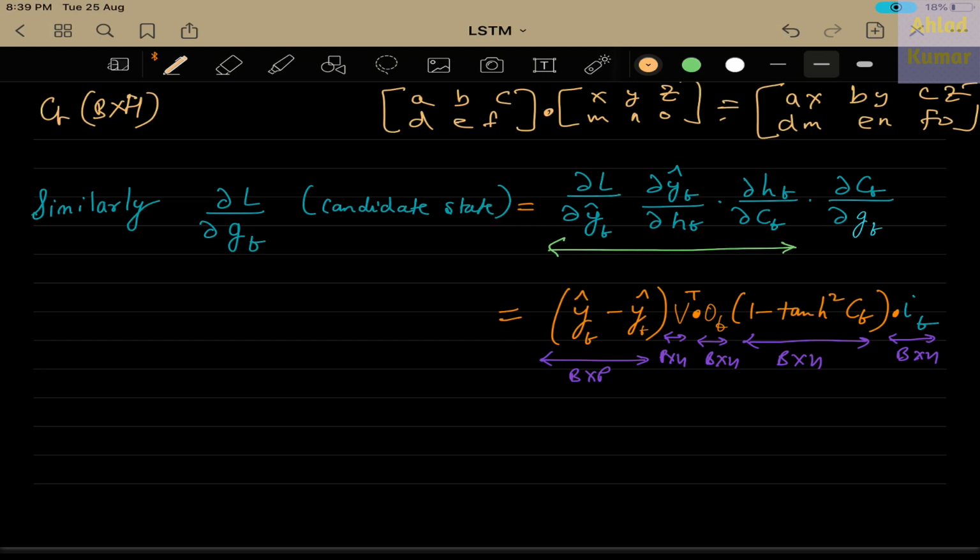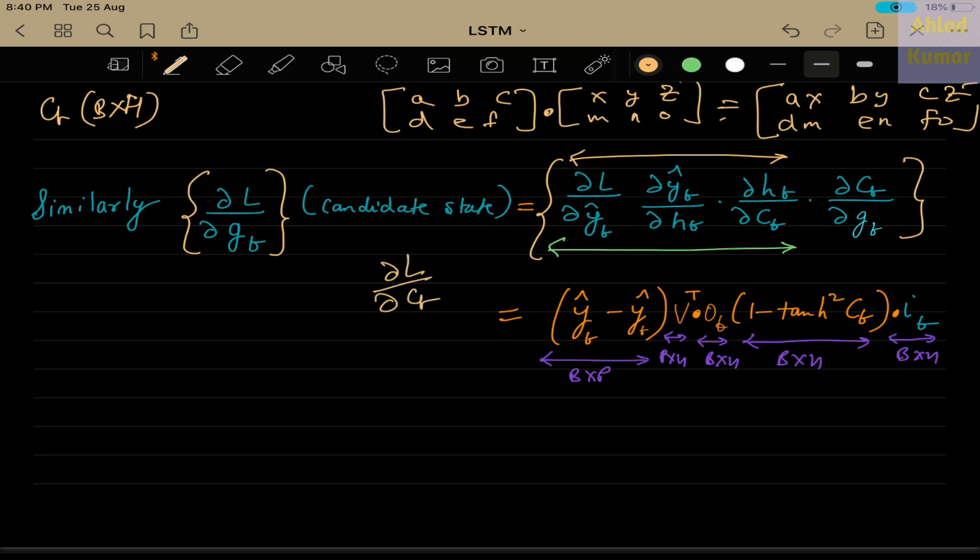So similarly, you can calculate the derivative of the loss with respect to GT, and that will be given like this. You can cross verify that, and you know that the derivative of the loss with this complete expression over here is basically the derivative of loss with respect to CT, which is dCT.